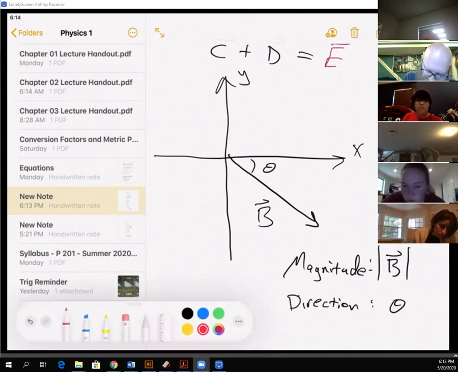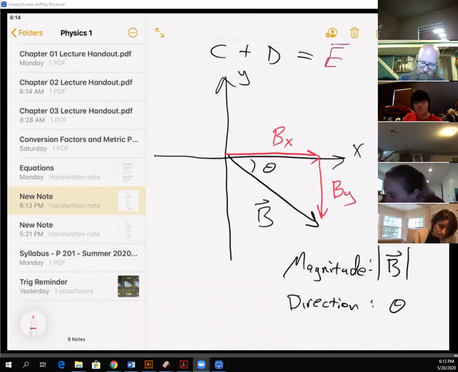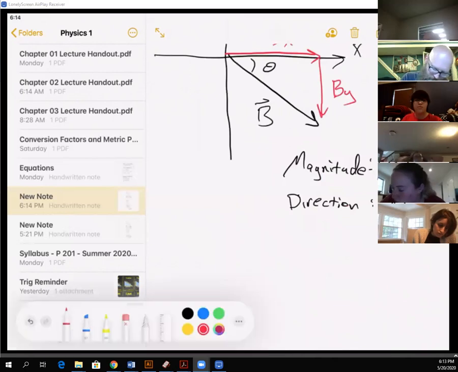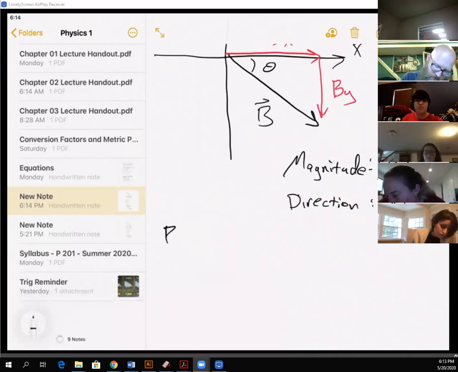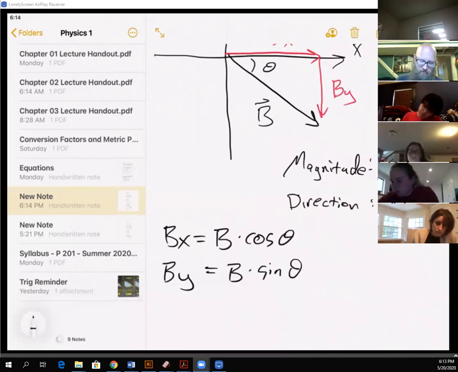But what I'm talking about is, let's break that into components. I want an x component, which points here. That's b sub x, and a y component, which points here, b sub y. So you can SOHCAHTOA this guy, because SOHCAHTOA is now a verb. You can say bx must be b times cosine theta, and by must be b times sine theta. That's generally how this works.